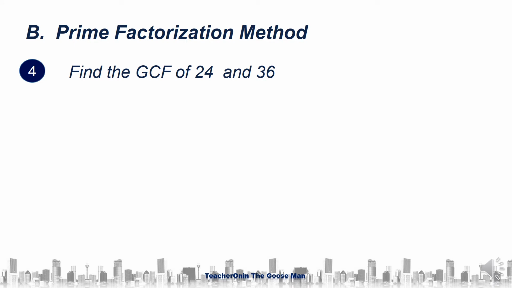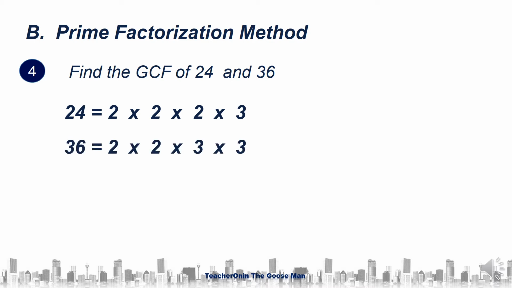Let's have another example for the prime factorization method. Find the greatest common factor of 24 and 36. Again, we will list down all the prime factors of 24. So we have 2 times 2 times 2 times 3. For 36, we have 2 times 2 times 3 times 3.